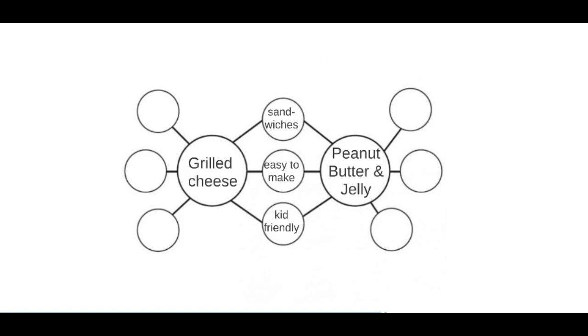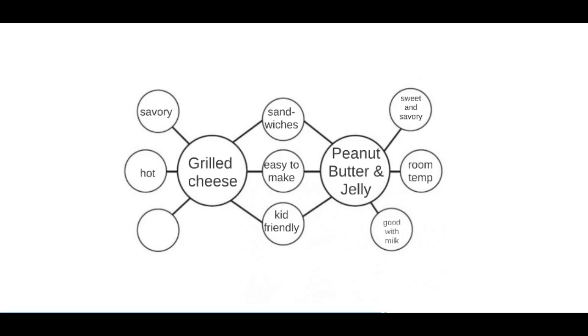Let's talk about how they're different. Well, a grilled cheese is salty or savory, but when you add jelly to a peanut butter and jelly sandwich, it's actually sweet and savory. So that's one thing that's different. Another thing that's different is that a grilled cheese, since it's grilled, is going to be hot. You have to do some kind of cooking with it. But peanut butter and jelly is room temperature.